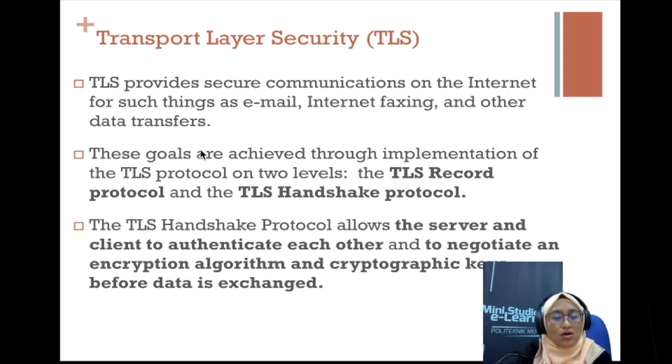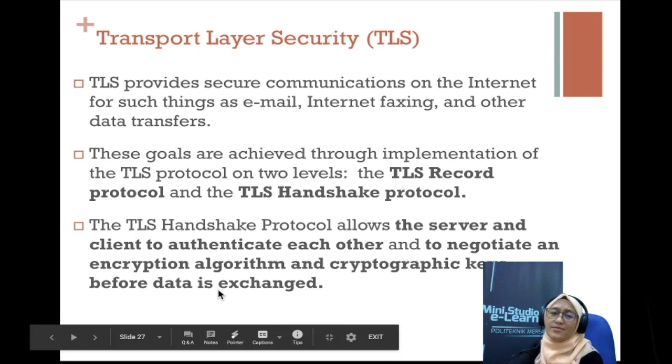These goals are achieved through implementation of the TLS protocol on two levels: the TLS record protocol and the TLS handshake protocol. The TLS handshake protocol allows the server and client to authenticate each other and to negotiate an encryption algorithm and cryptographic keys before data is exchanged.